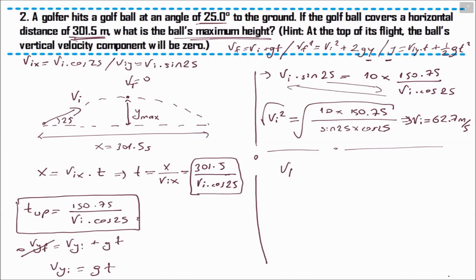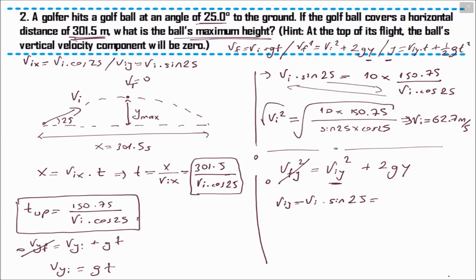I will pick this formula: V final y square equals v initial y square plus 2gy. And the final y is 0. And the initial y I have to calculate. The v initial y equals v initial times sine 25, as I know.